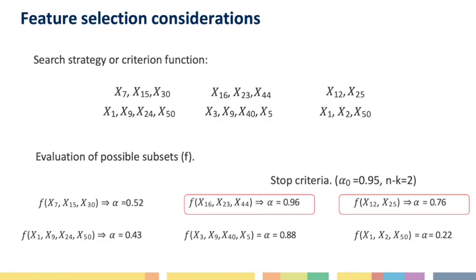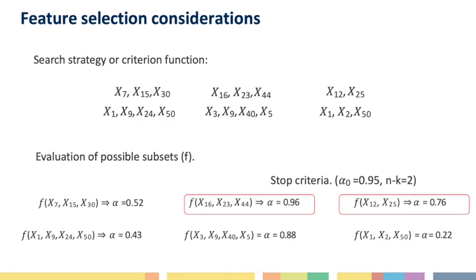So once the criterion is defined and the candidate subsets of variables are defined, then we assess the possible subsets. These are assessed based on the metrics that we establish. So each subset is assessed based on the function, and from this we generate our quality measure for the model.